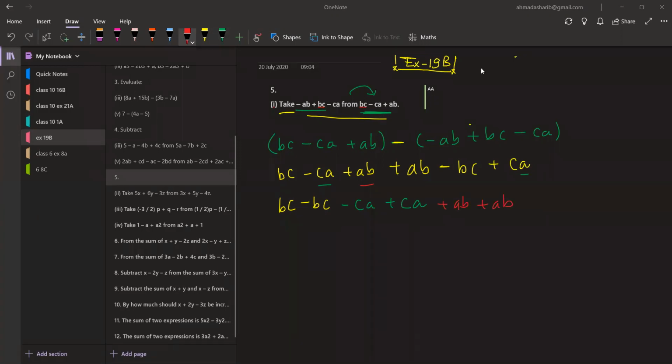Now as you can see, positive BC and negative BC cancel each other, negative CA and positive CA cancel each other. So AB plus AB. So beta, what is the answer? 2AB. Okay, AB plus AB is 2AB. This is the answer.